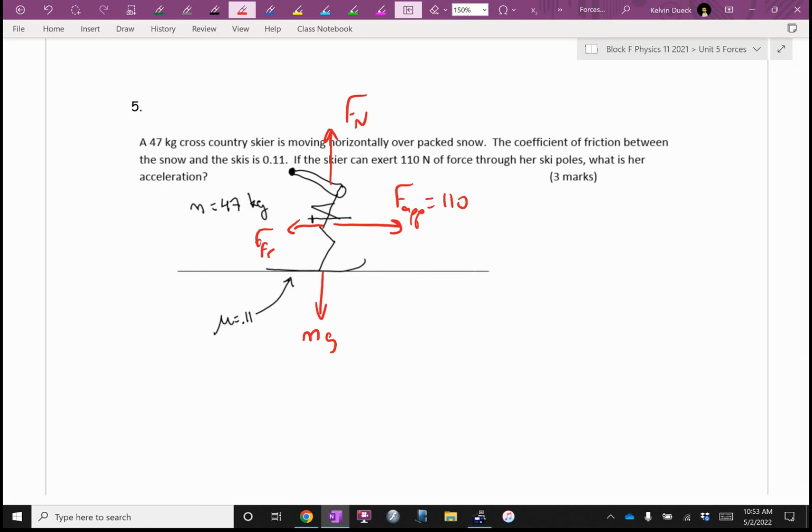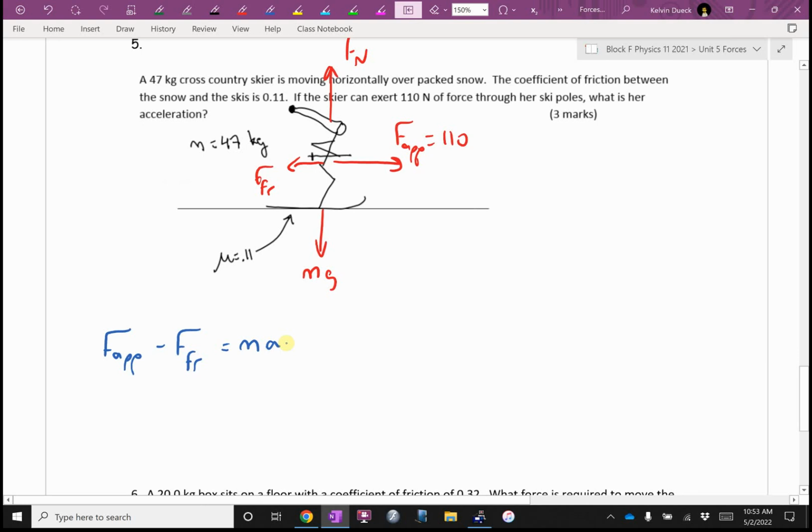What's her acceleration? Well, let's see. I can go winner minus loser equals ma. Newton's second law. So, a is going to be 110 minus mu times the normal force all over 47.